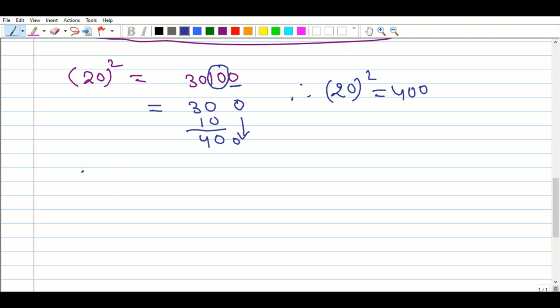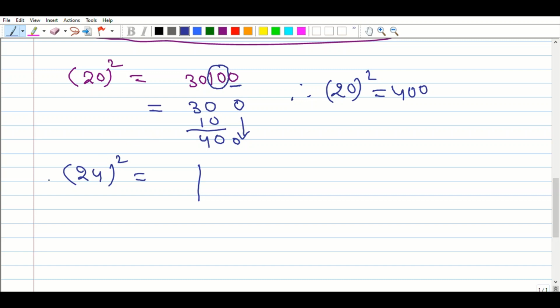Let's see, 24 square. 24 means 4 fours are 16. Is it clear? Put a vertical line to separate it. Sorry, here 24 is 14 more than 10.